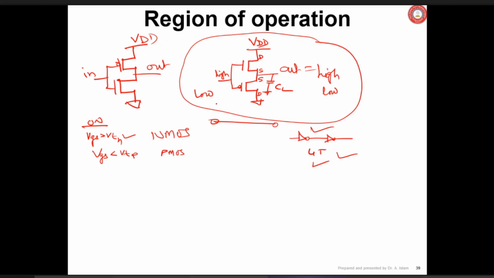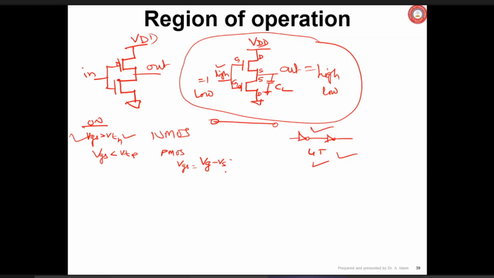Now you have applied high here, means 1 volt. What will happen? NMOSFET will be on, PMOSFET will be off or not? Let us check with these conditions. I have applied at the gate 0 voltage. So VG minus VS is equal to VGS.